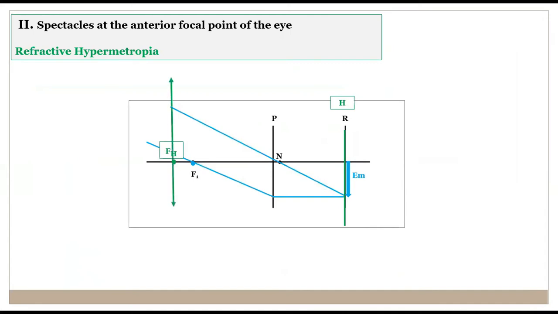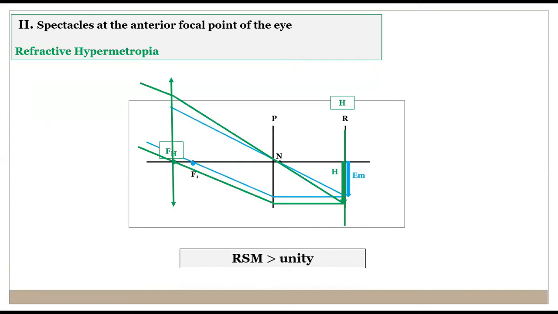And here the correcting plus lens is placed at the anterior focal point of the hyperopic eye, and by ray tracing, this ray passes undeviated and then parallel to the principal axis. The second ray here will converge and then passes through the nodal point undeviated. And here the corrected hyperopic image is magnified. So that's why the RSM here is more than unity.